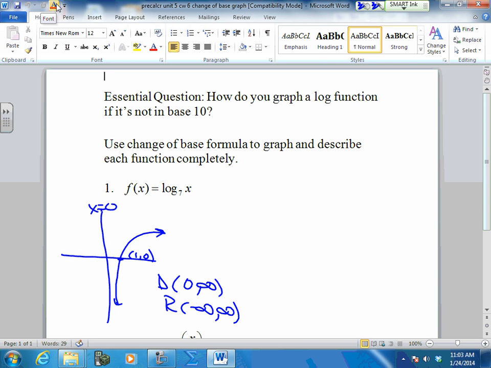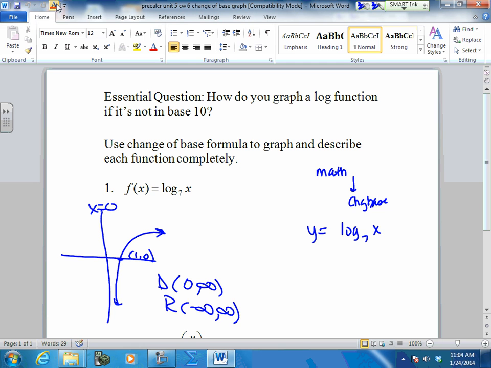Now, if I take this and I want to put this in my calculator just to see what my graph is going to look like, maybe it's supposed to be a little bit sharper here, a little bit wider, I need two ways. If you have the math key that has change of base, math, change of base, you're going to put in y equal, go to this change of base thing, and then fill in the 7 and the x.